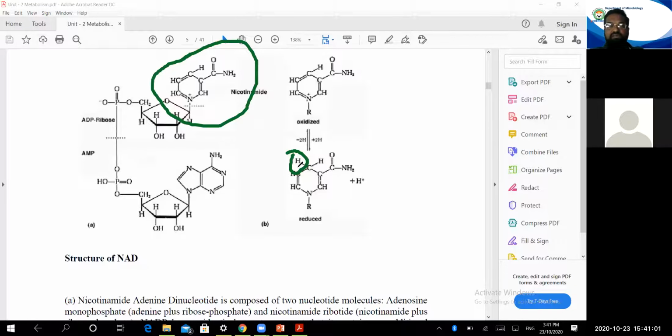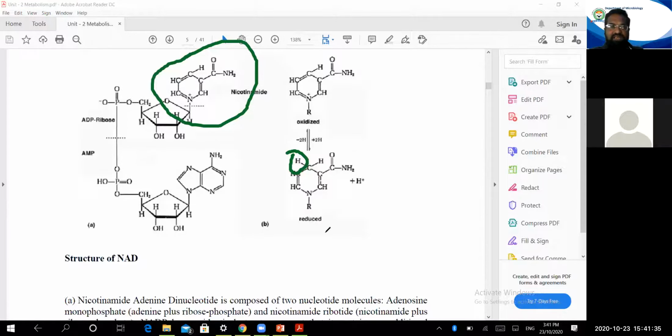For this purpose, the cell has one provision. It has electron acceptors like NAD. This NAD is there inside the cytoplasm. Whenever hydrogen is removed or released from an oxidation reaction, NAD accepts it. Now what next? At some point of time, in another biochemical pathway, the cell may require hydrogen. The cell may require electrons to carry out reduction of some substrate molecule.